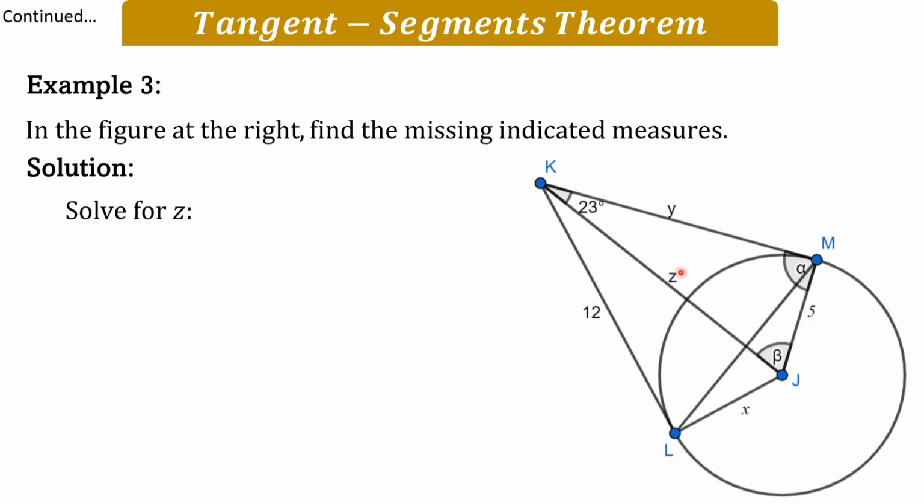Next, solve for Z. Z is the length of segment JK, and JK is the hypotenuse of the right triangle KMJ.